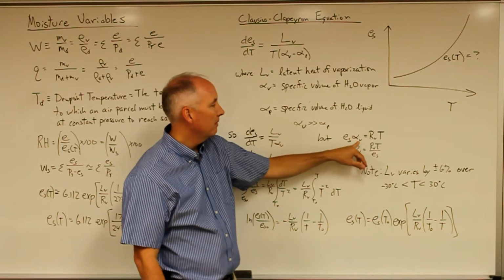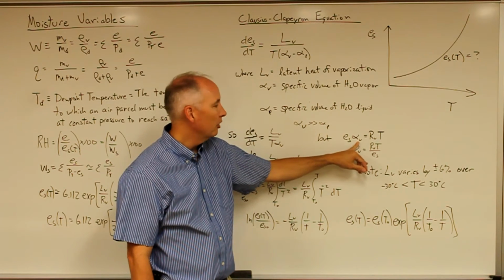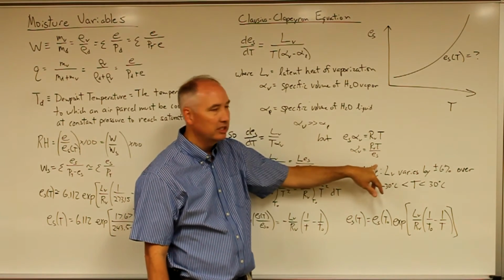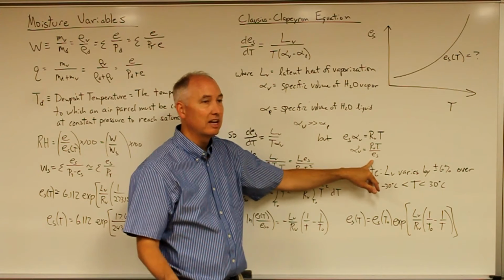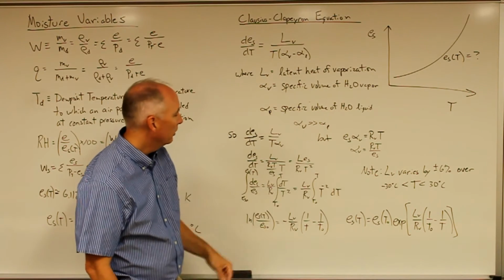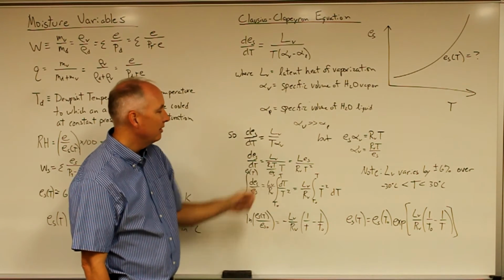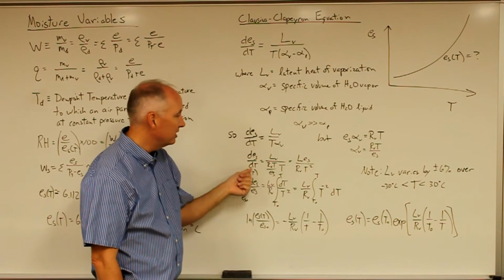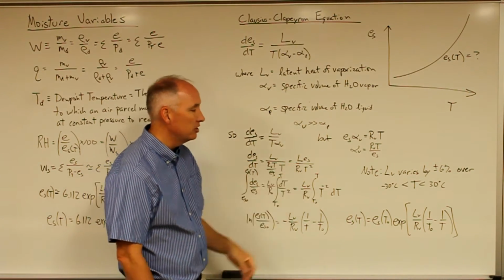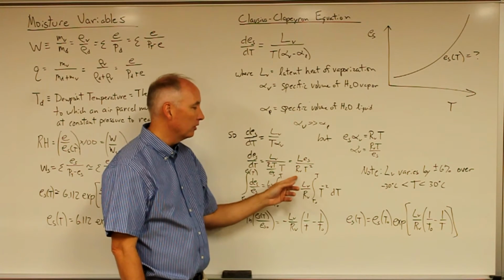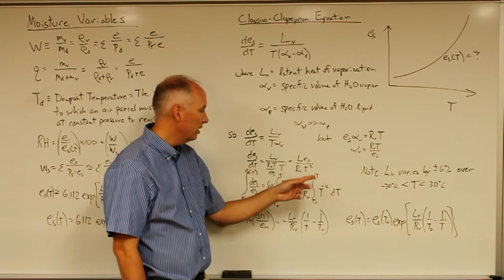But recall that the specific volume of water vapor is equal to R_v times T over the saturation vapor pressure. We can substitute that into this equation, and you'll end up with dE_s/dT equal to the latent heat of vaporization times the saturation vapor pressure over R_v times T squared.